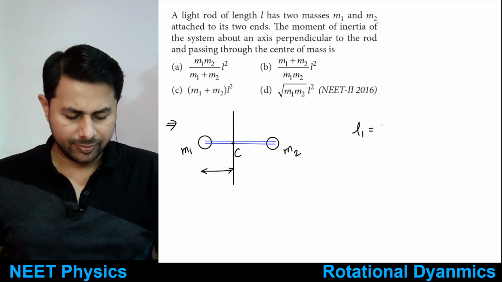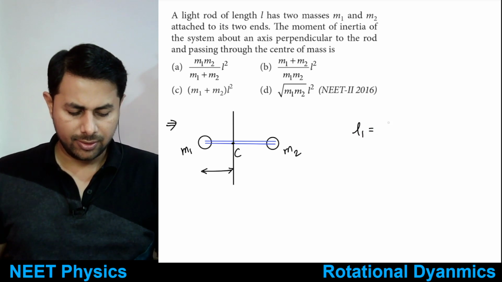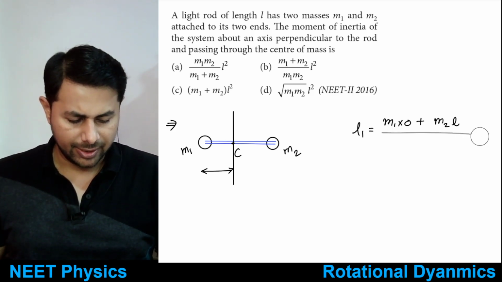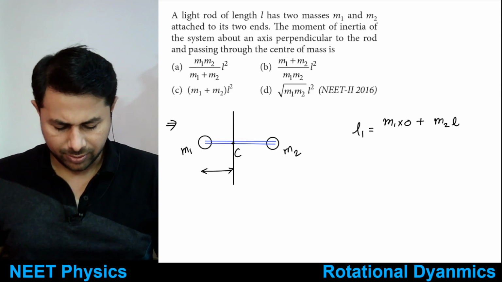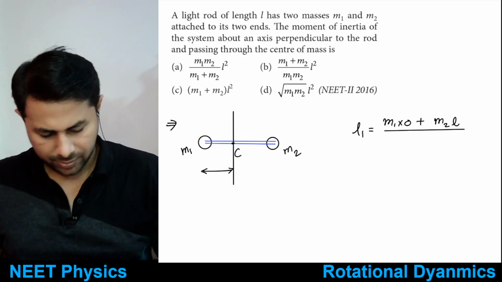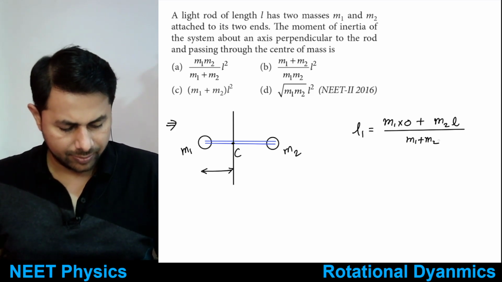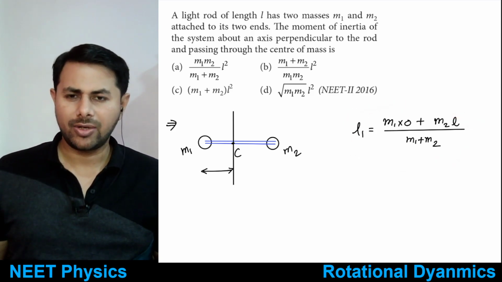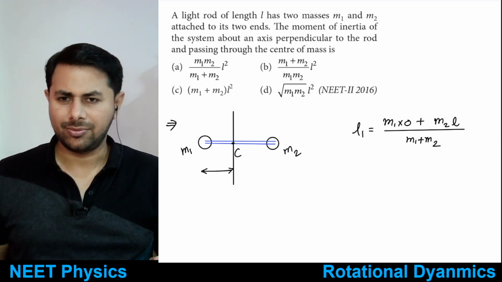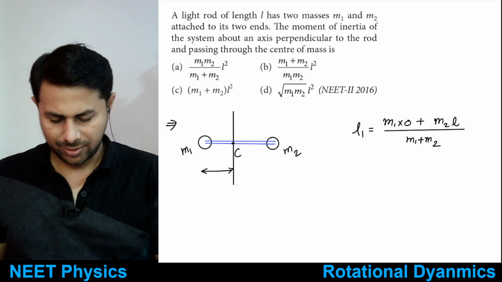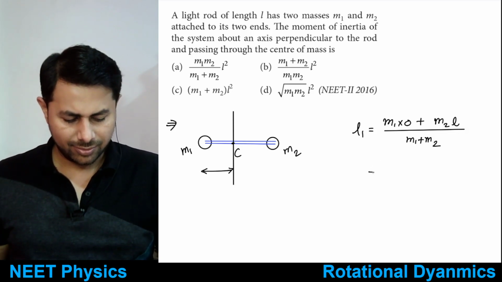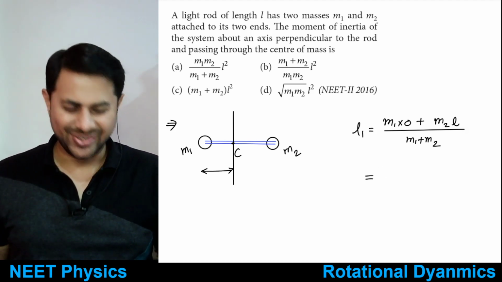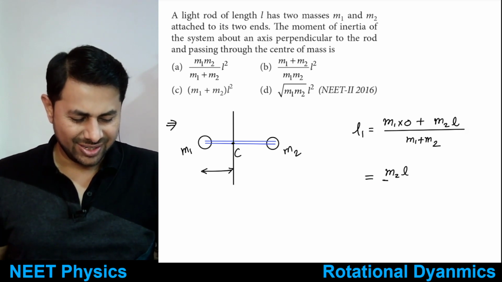L1 would be equal to (m1 times 0 plus m2 times L) divided by (m1 plus m2). Remember the definition of center of mass: (m1x1 plus m2x2) divided by (m1 plus m2). Remember or you don't remember? Okay, so it is m2 times L divided by m1 plus m2.